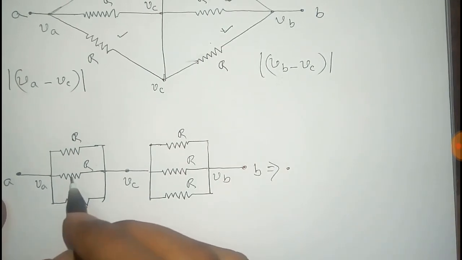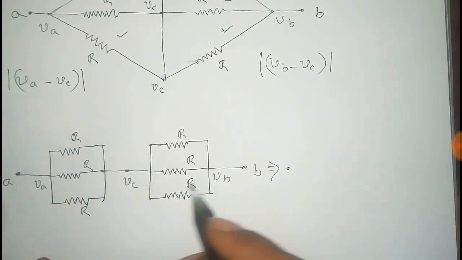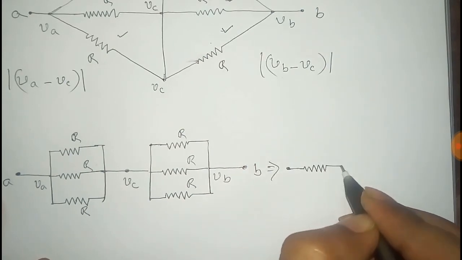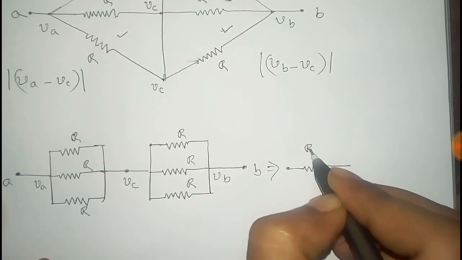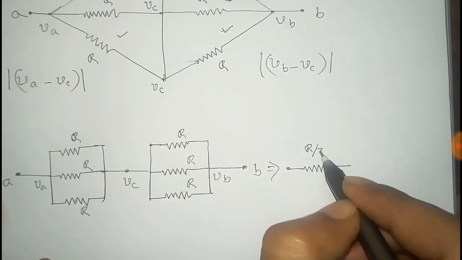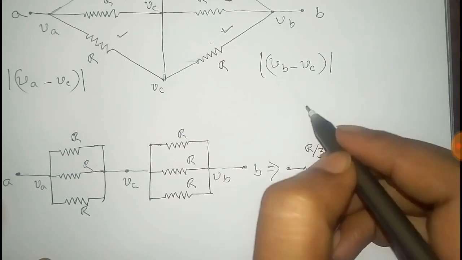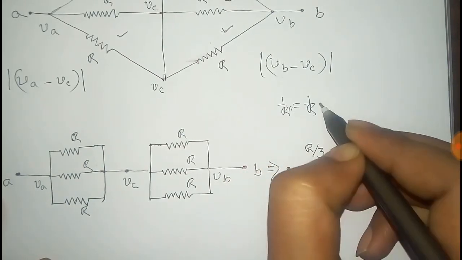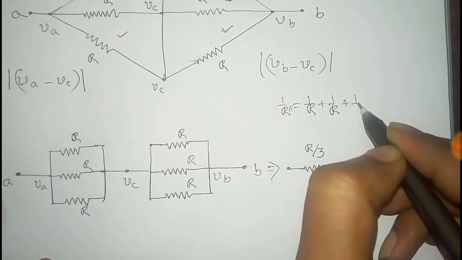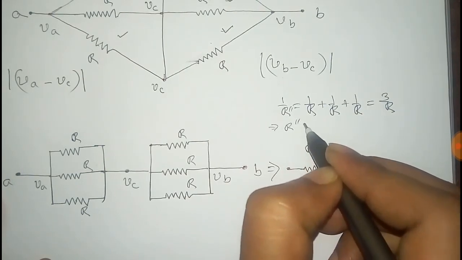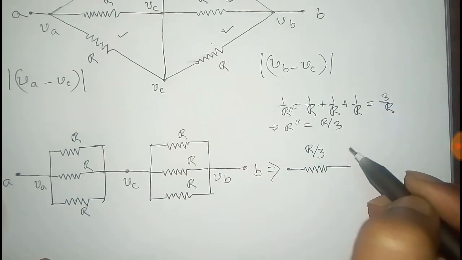First of all, the equivalent resistance of these three resistors in parallel connection would be R by 3. This calculation is easy: 1 by R double prime is equal to 1 by R plus 1 by R plus 1 by R, and this is equal to 3 by R. So R double prime is equal to R by 3.